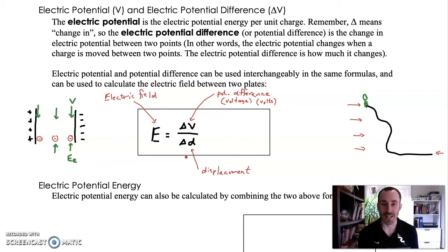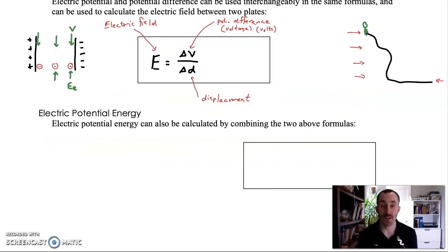If you have two plates that are separated by a few millimeters, then that change in D would be that few millimeter separation between the plates. We can also combine these two equations that we've just made to write electrical potential energy in terms of voltage, or in terms of potential difference as well.